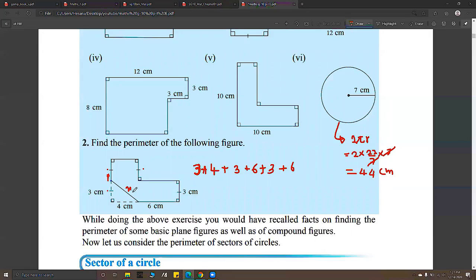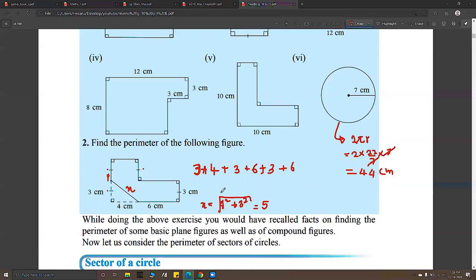If this length is x, this is a triangle with a 90 degree angle. x equals the square root of the sum of the squares, which means the square root of 4 squared plus 3 squared, which is the square root of 25, which is 5 centimeters.